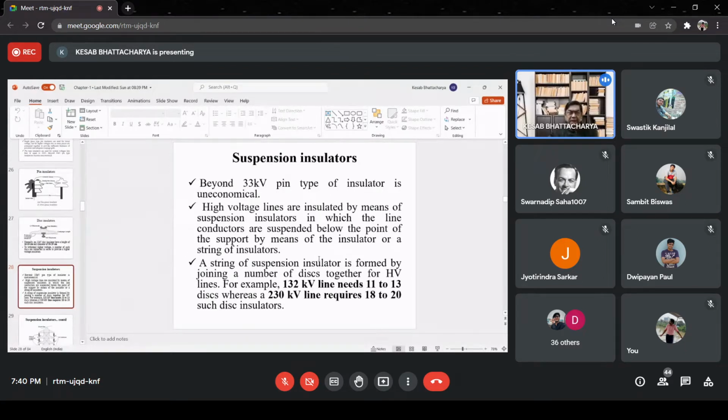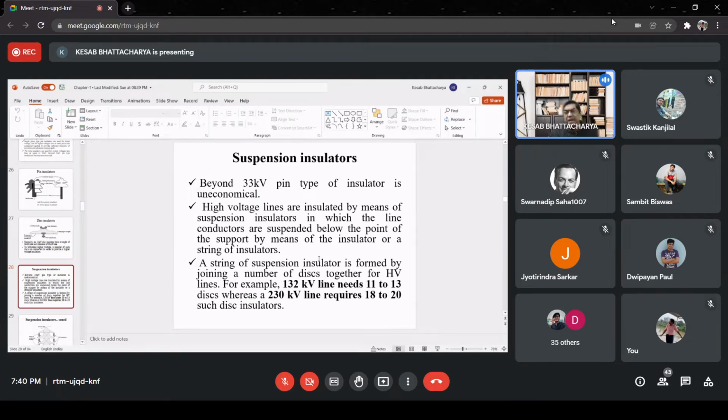So at the lower end of the suspension insulator, high voltage is there, and at the upper end, earth connection is there. In between these two nodes or terminals, two voltages are supported. One is live potential at the bottom end, and at the upper end it is connected to earth potential.